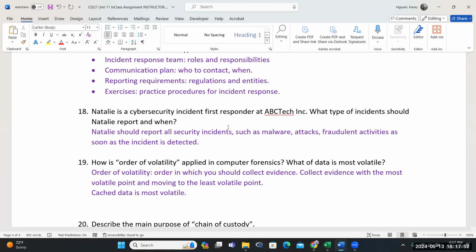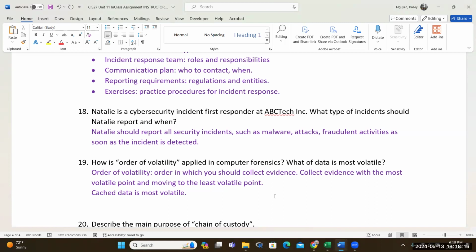So we need to understand the order of volatility. When we collect the evidence, we need to do it in order. We don't collect the evidence directly from that impacted system. For example, you might have system A that a user is logged onto.